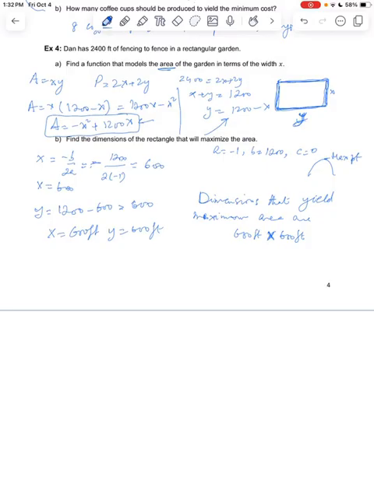Or you can say area will be maximum when width is equal to 600 feet and length equals 600 feet.